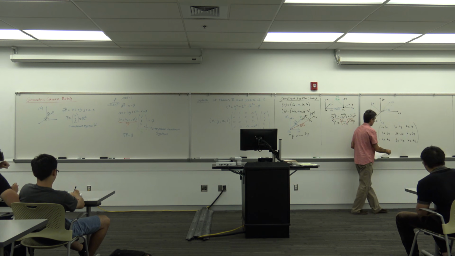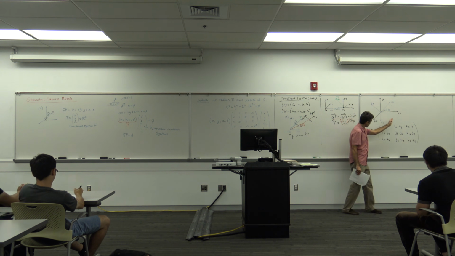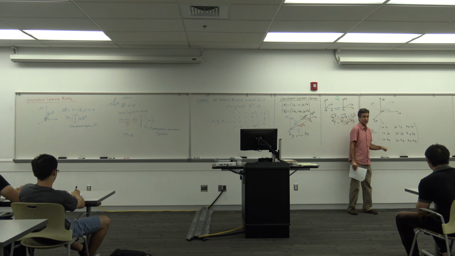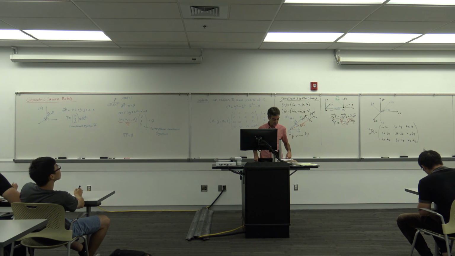Okay? So here the columns represent IA, JA, KA. The rows represent IB, JB, KB. And this is the projection of one on top of the other coordinate system.